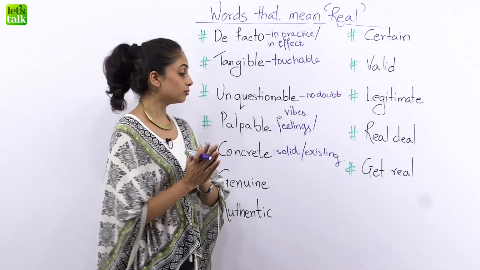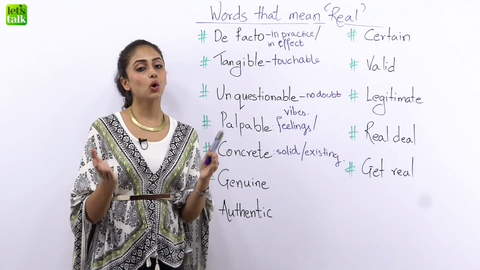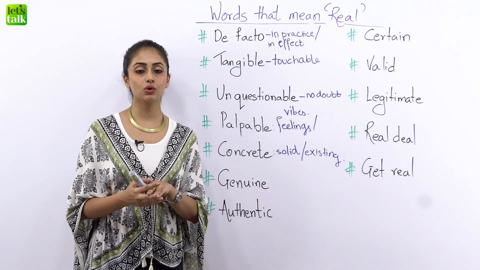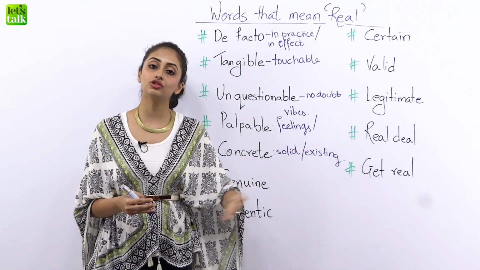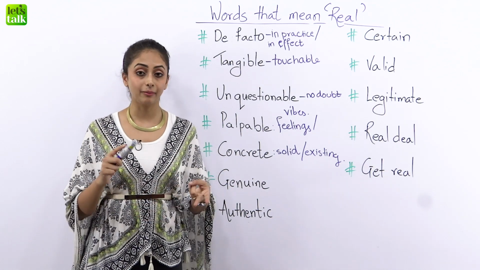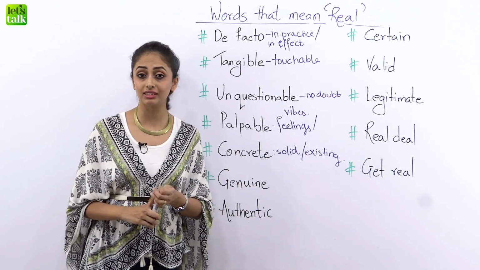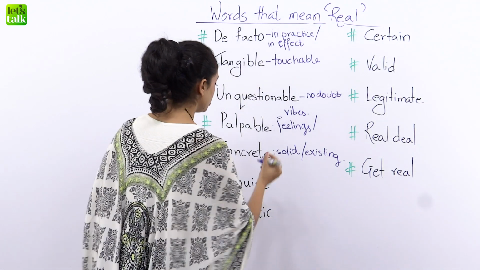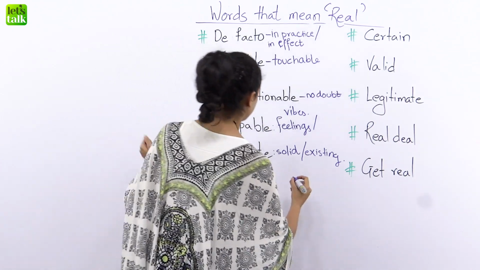All right? Moving on from concrete, we have genuine, which means there is no other copy of it. Nobody can copy it, or there is no copy or documentation of the same thing. It could be just an object, it could be a painting, it could be someone's personality or characteristics even, right? So genuine means something which has no other copy of it.